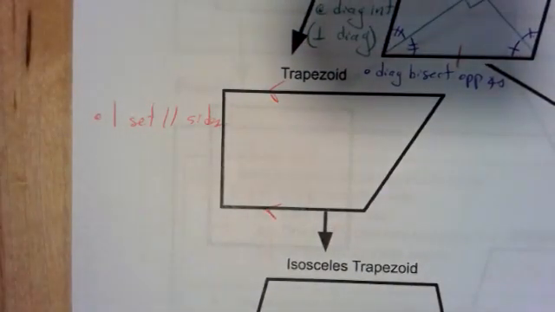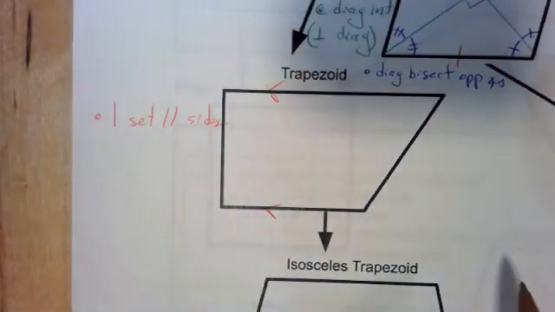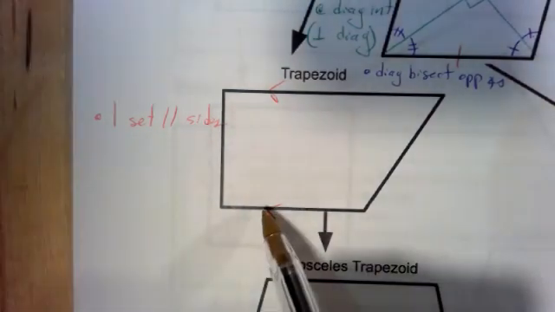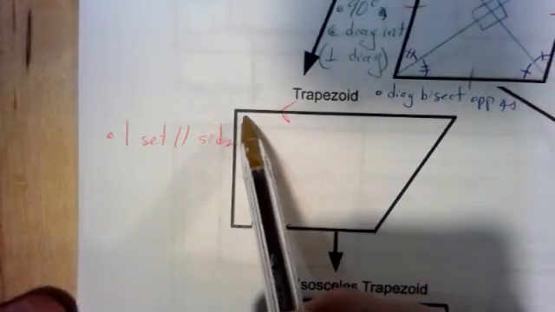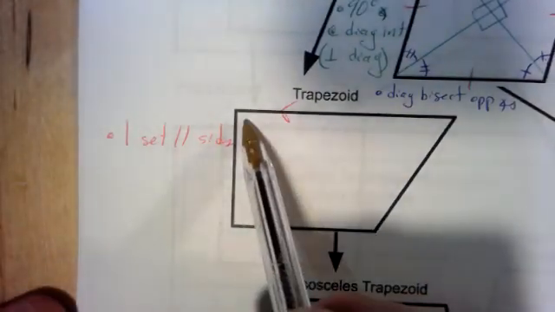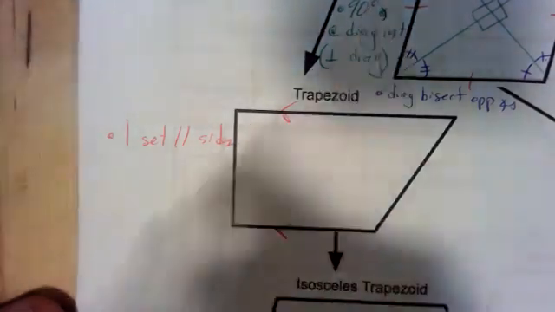For the trapezoid, the other thing that we know about trapezoids is that the adjacent angles to the parallel sides are going to be supplementary.